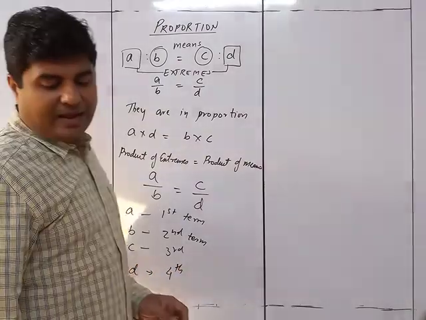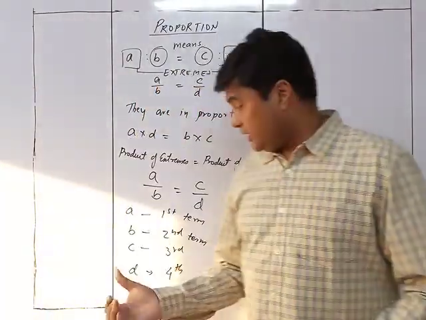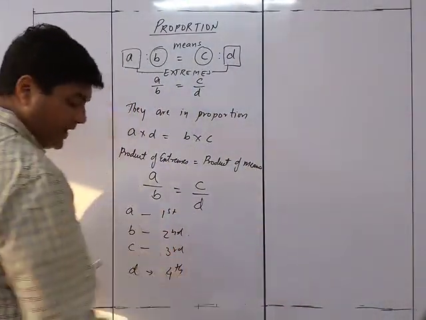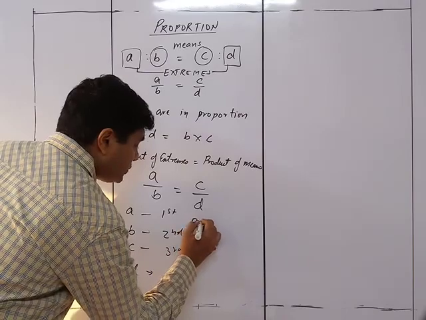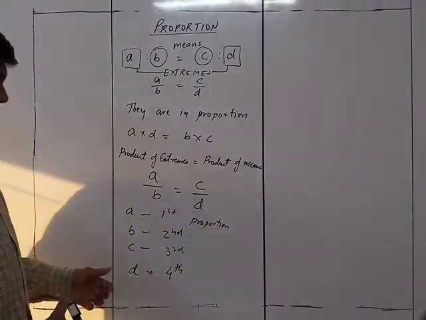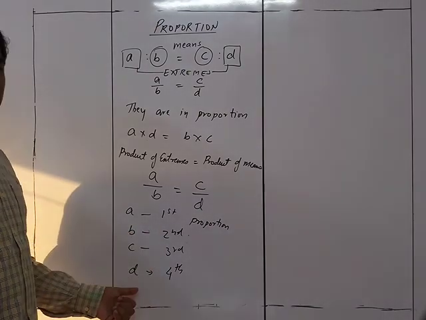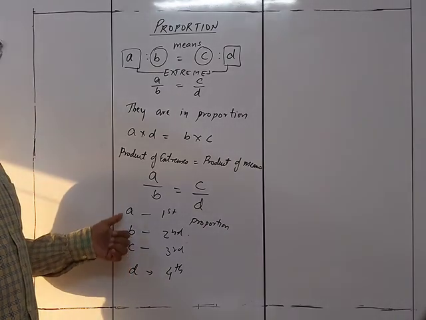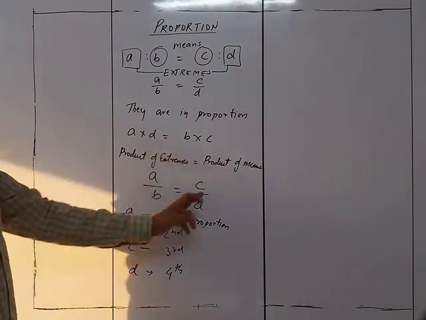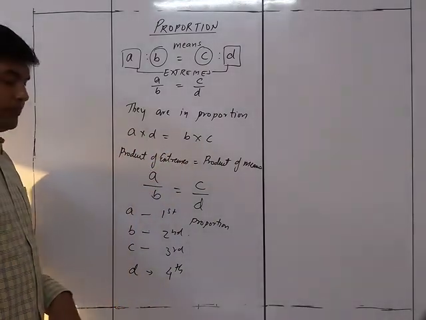So many times they may ask you to find out the fourth proportion or the third proportion. Depending on that, you will be finding out the value of D or C or B or A. And accordingly, you are going to use this formula, A into D is equal to B into C. Right? That is the formula.